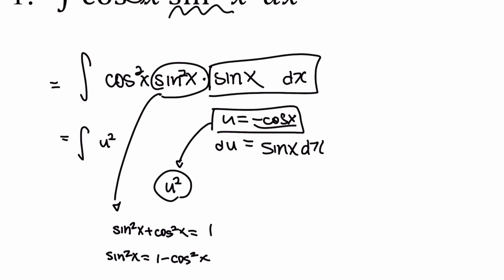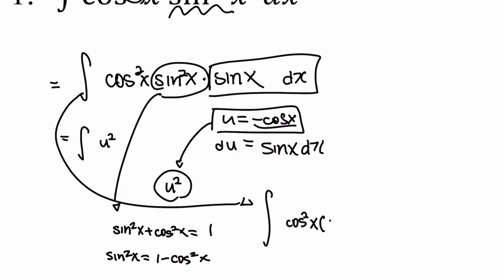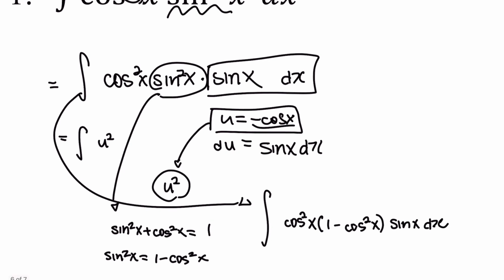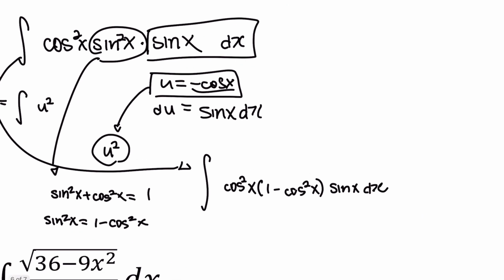So actually here it's a little complicated now, but we have cosine squared 2x times 1 minus cosine squared x, and then we also have sine x dx. For this, now we can turn this all in terms of u.